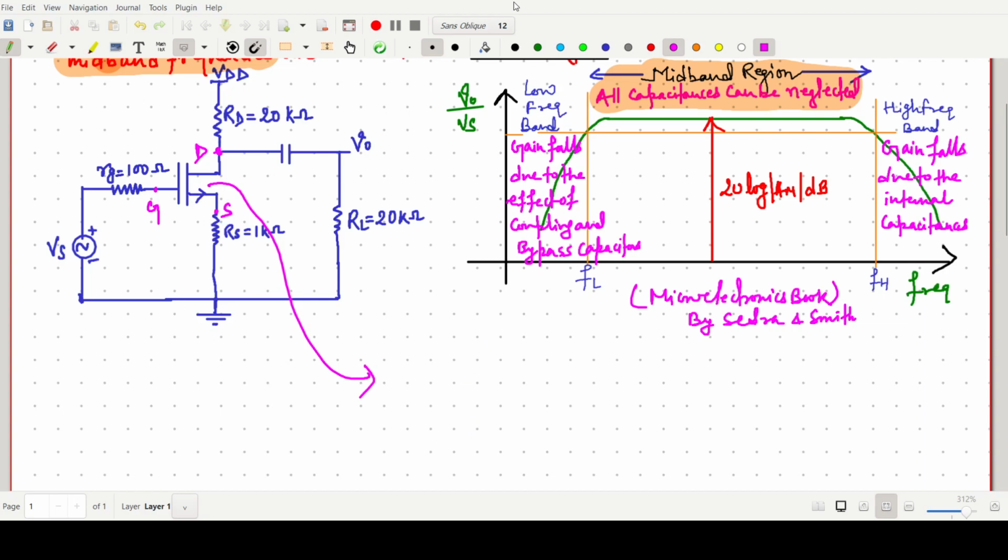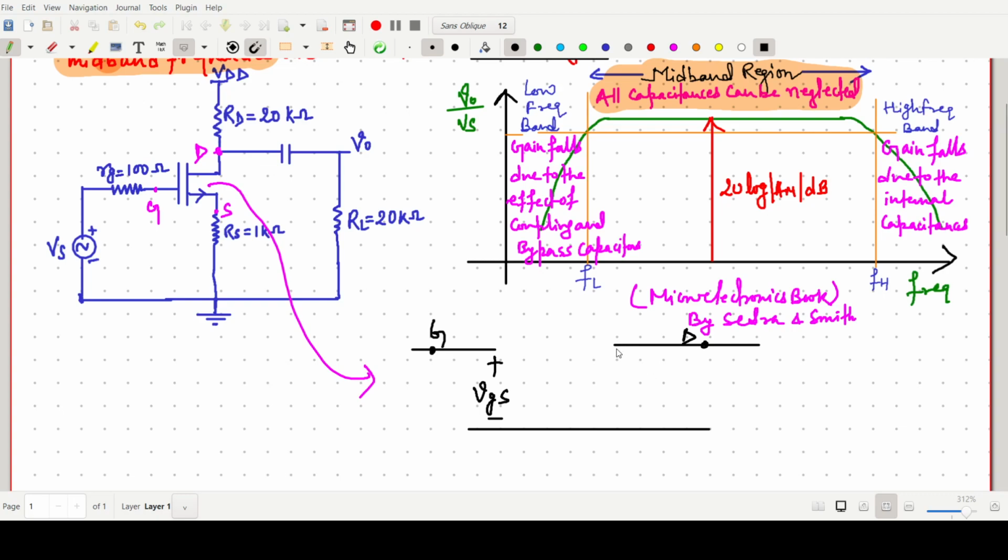So we have to draw the corresponding small signal model, for the low frequency. How do we draw it? This value is simply VGS. I have already discussed this many times in my video lectures.